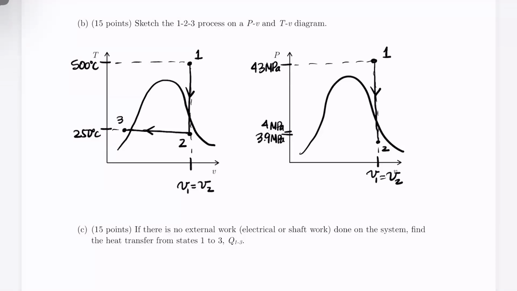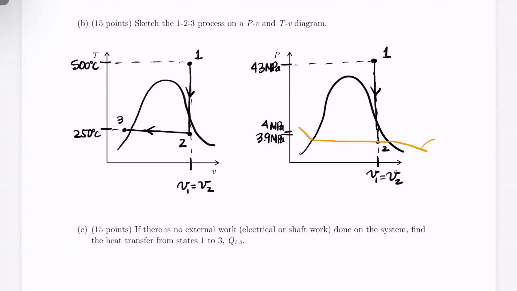All right. And then to get from 2 to 3, we have a constant temperature process, right? So our saturation pressure is going to stay the same inside of the vapor dome. So when you're moving through the vapor dome, it's always going to be on a flat line. So we're always going to have a flat line through the vapor dome.